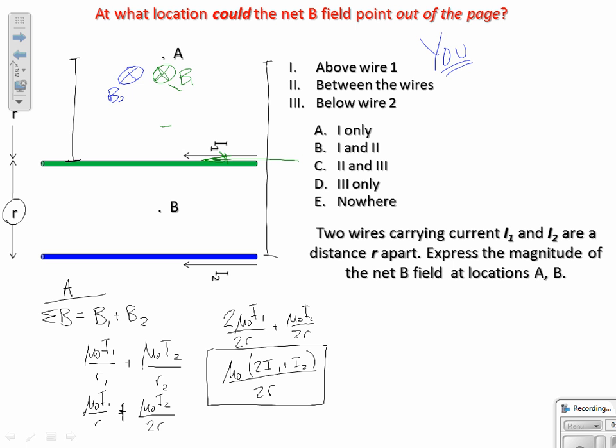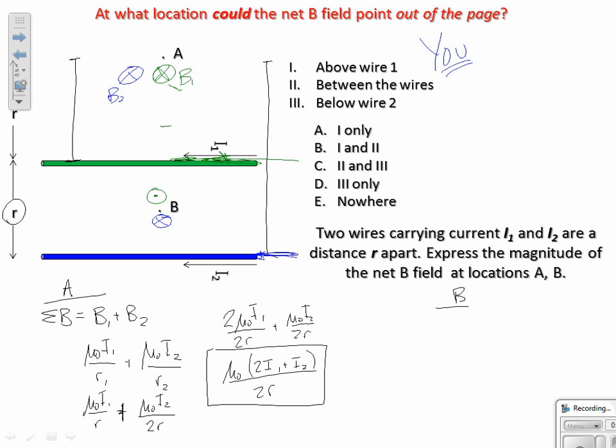Okay, at location B, well, let's see. Field from the green, right thumb points to the left. At location B, this one looks like this. The one from I2, here's my fingers jamming into the board, looks like that.